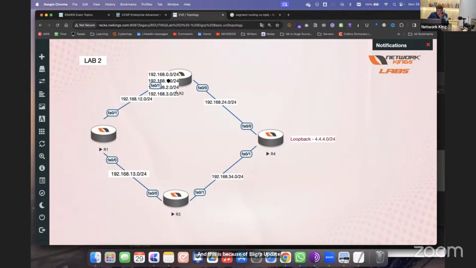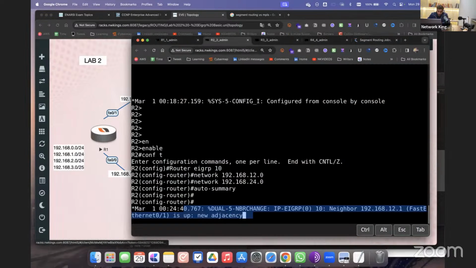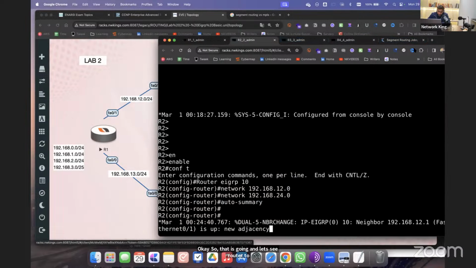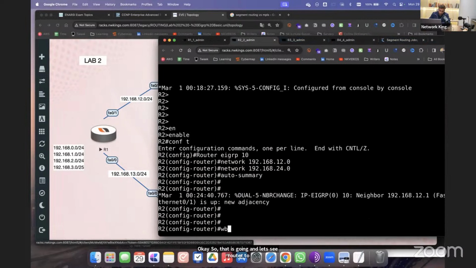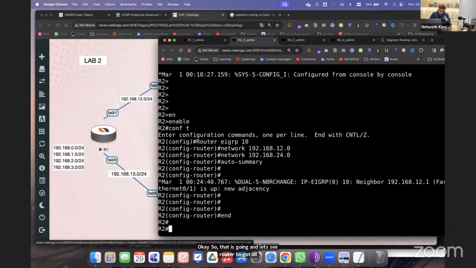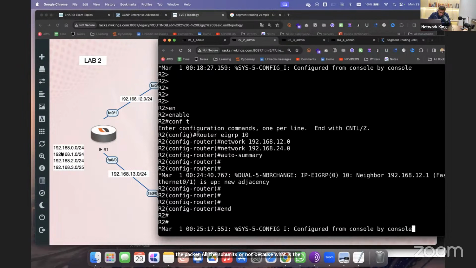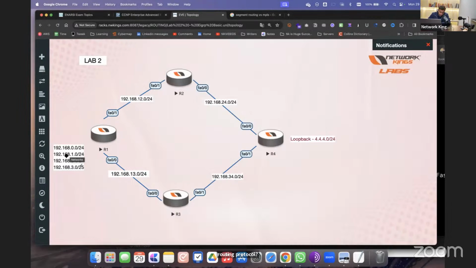Let's see if router 2 got all the subnets or not. Because what is a routing protocol? Sharing of routing information. So all these networks are my routing information, which I share with router 2.